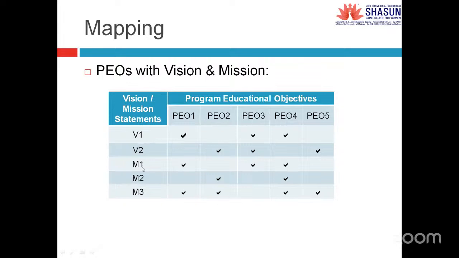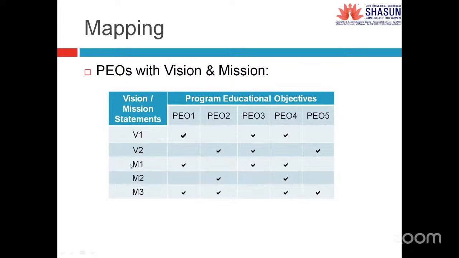If I take mission statement one, I can see that PO1, PO3, and PO4, three POs, are contributing to my mission statement one.